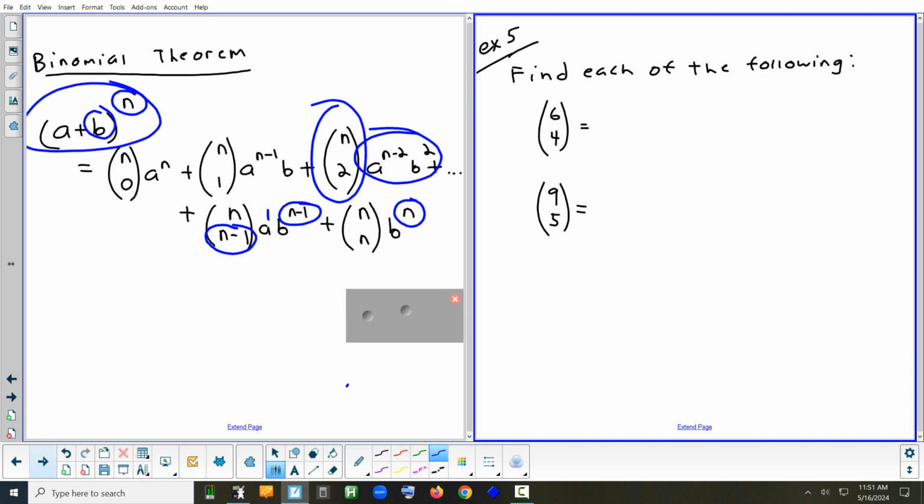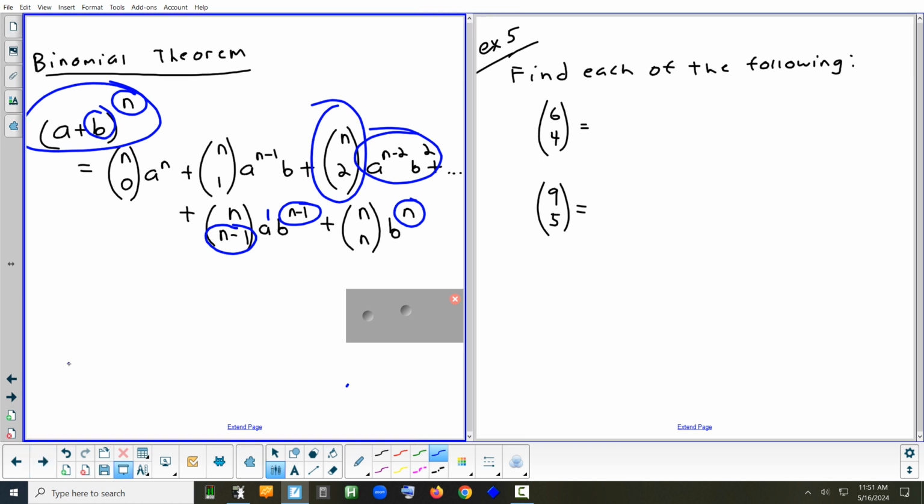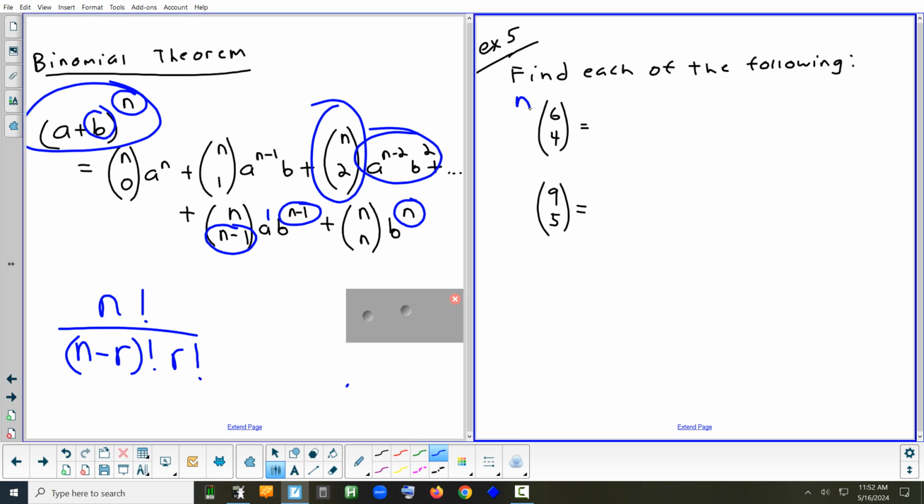All right, so let's try to evaluate 6 choose 4 and 9 choose 5. So remember your formula. Okay, what's n in the top one? N is 6, and what's r? 4.